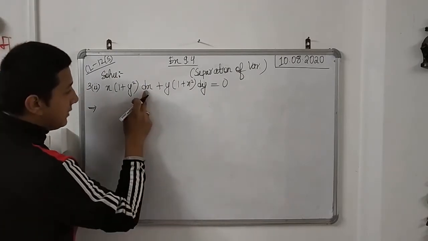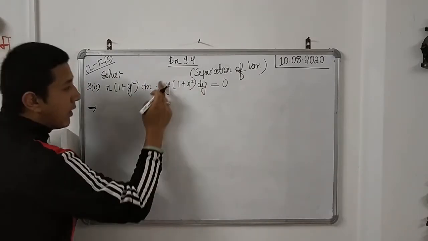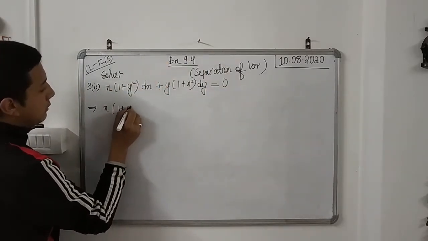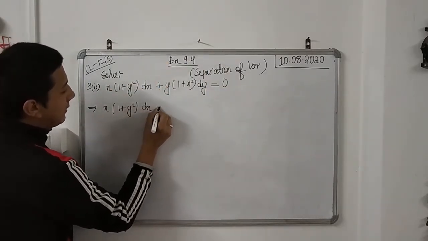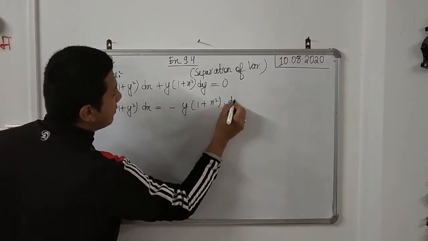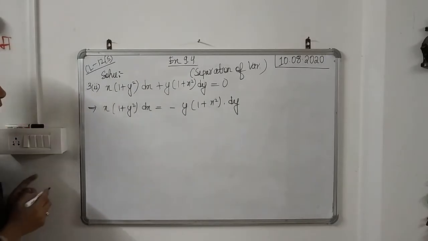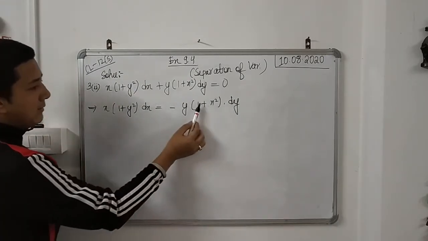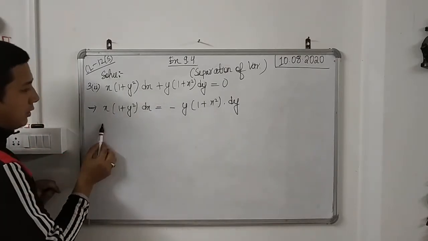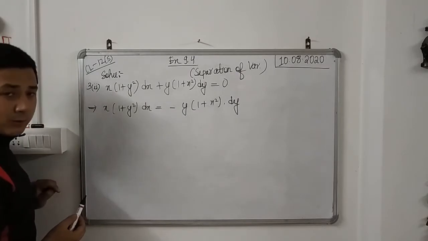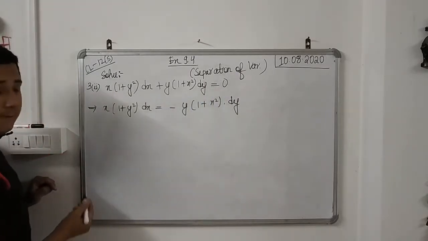So since there is dx and dy, I'm going to take one of the terms to the right hand side. That will give me x into 1 plus y squared dx, which is minus y into 1 plus x squared into dy. Now what you see is there is dy, there is y, there is dx, there is x. So try to bring this 1 plus x squared out here and take this 1 plus y squared down into the denominator, because we are doing separation of variables, right?